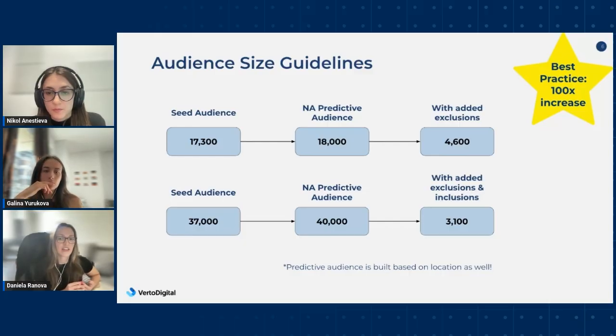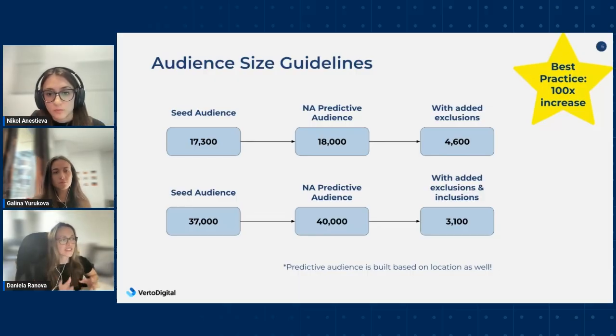The best practice is to not exceed 100 times the seed audience. Meaning, for example, if we have a seed audience like here, which is 17,000, we shouldn't make it more than 100 times larger than this. This is the max that we could do, essentially.